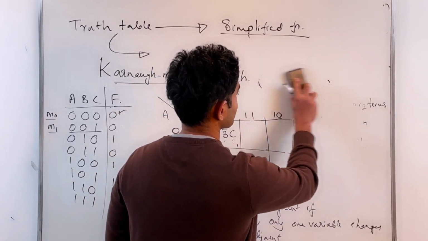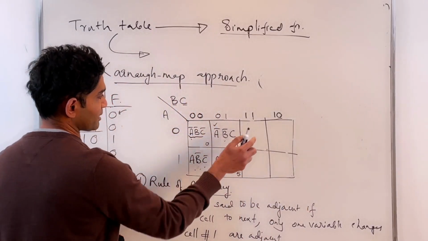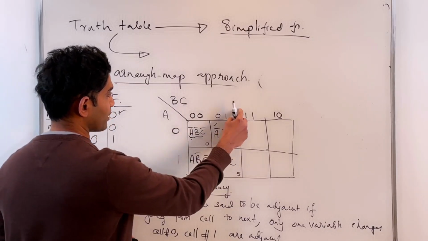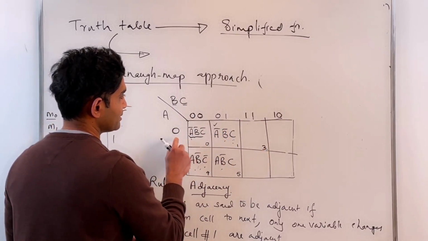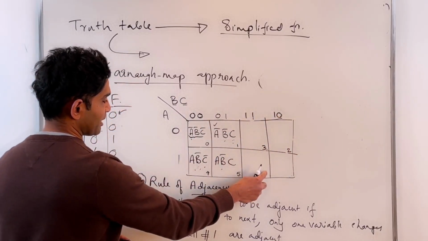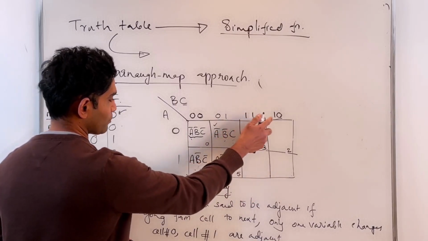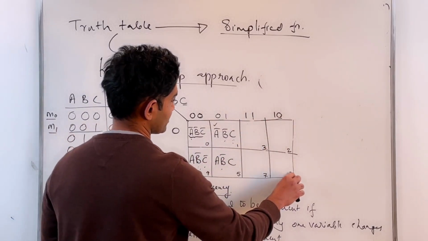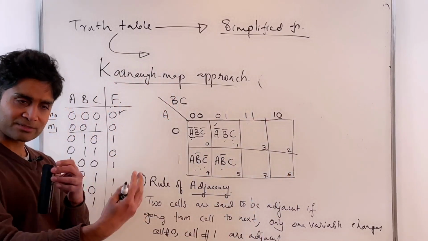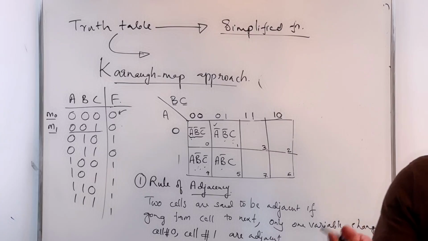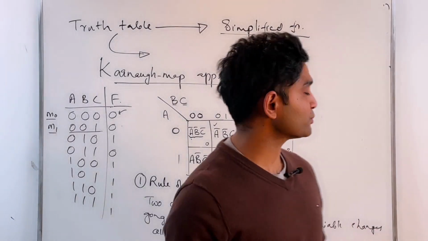So what do I have now? What is the minterm corresponding to this cell? Well, let me say what is the number corresponding to this cell? That will be 0, 1, 1, which is 3, 0, 1, 0, that is 2. The number corresponding to this cell is 1, 1, 1, which is 7, 1, 1, 0, which is 6. So of course the cell's position changes, the minterm positions change, so the numbers change, and the minterms themselves change.